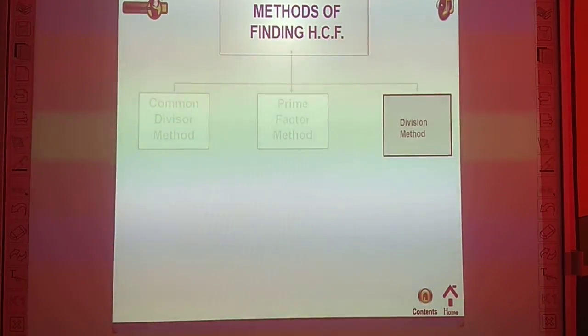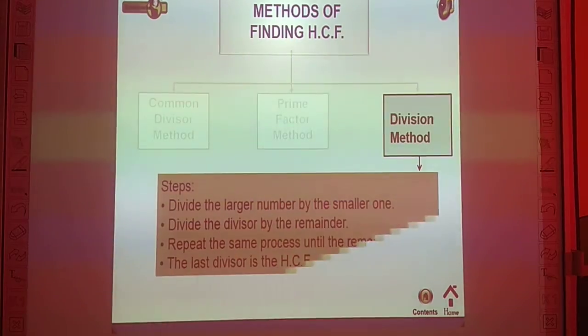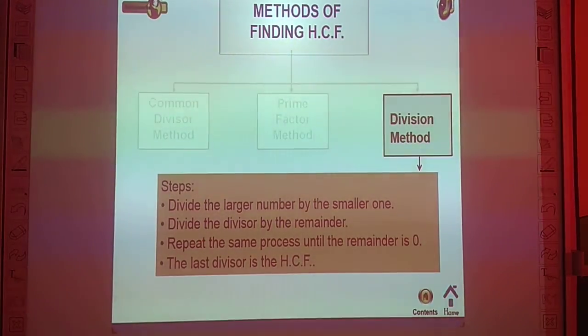Division method. Steps: divide the larger number by the smaller one. Repeat the same process until the remainder is 0. The last divisor is the HCF.